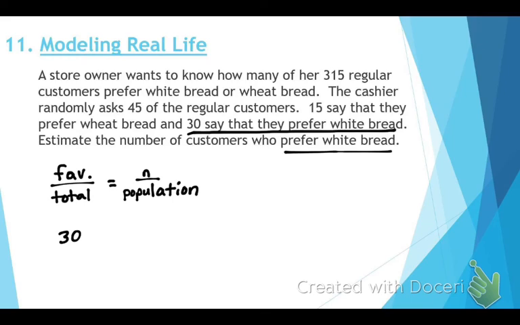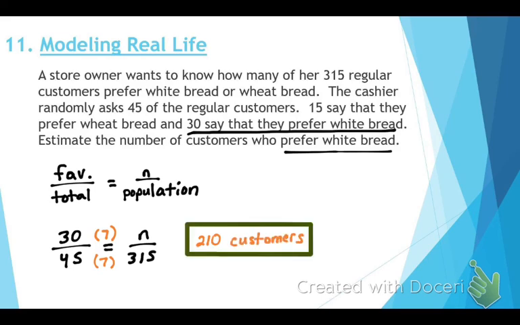How many total people did the owner ask? She asked 45. Equals n over how many regular customers? 315. Did anybody put in a missing link? What is it? 7. Okay, multiply by 7 on the top and the bottom, and what do you get? 210. 210 what? Customers. Customers or people. Either one of those would be fine.